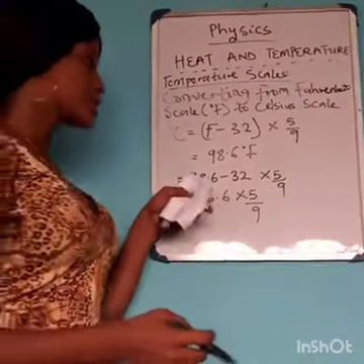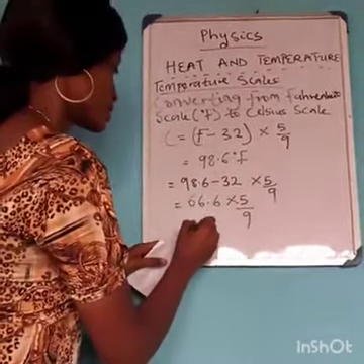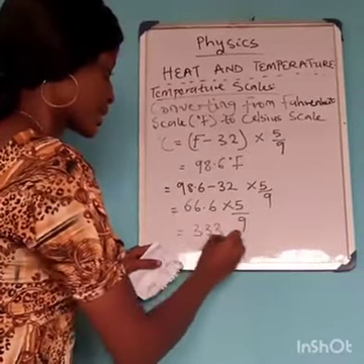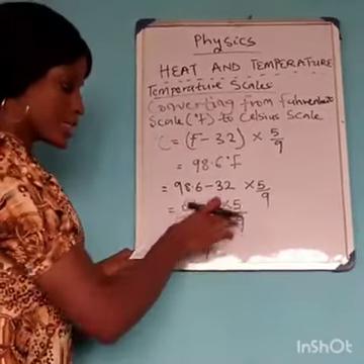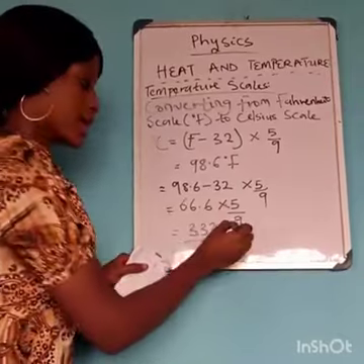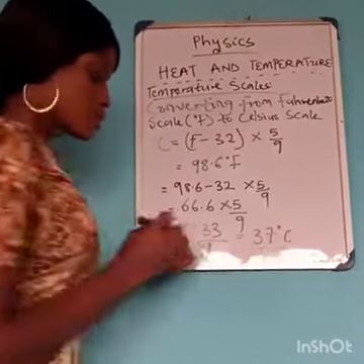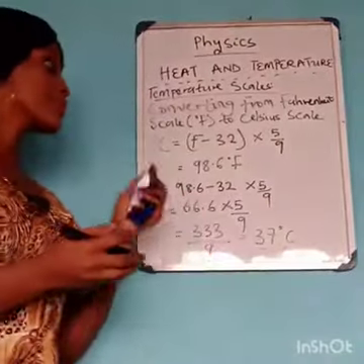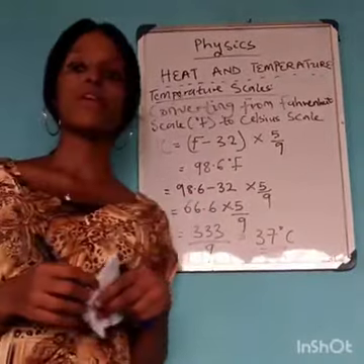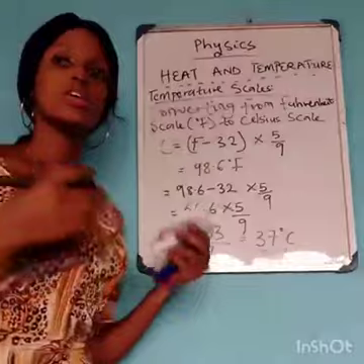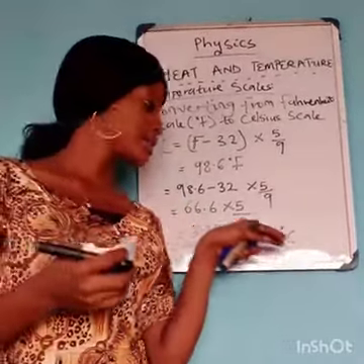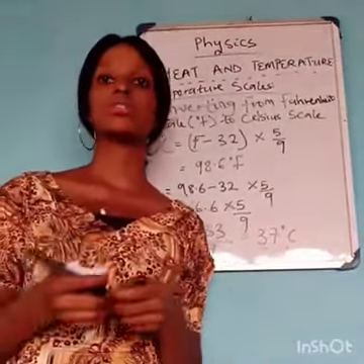So 66.6 times 5 gives us 333 over 9. You can divide 333 by 9, and that gives us 37 degrees Celsius. So you can now see that while the body temperature is 98.6 degrees Fahrenheit, it is also 37 degrees Celsius.